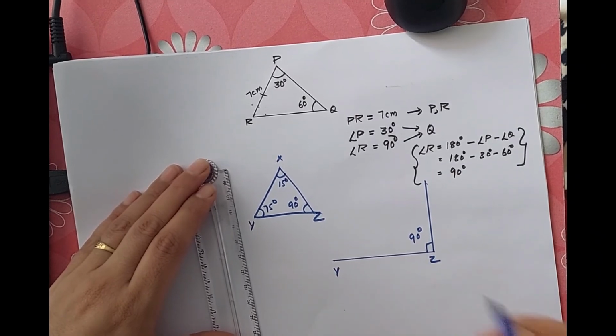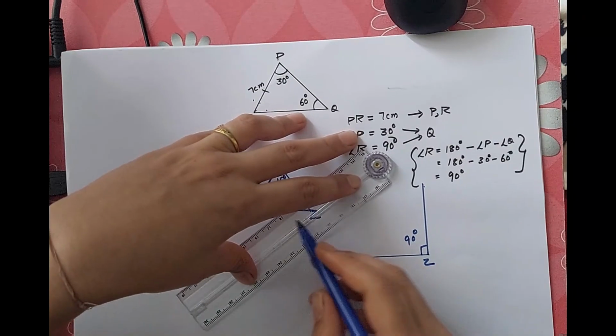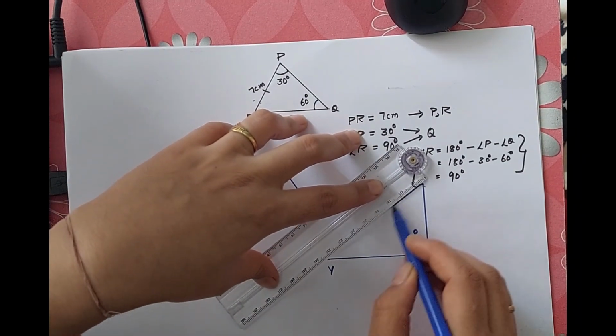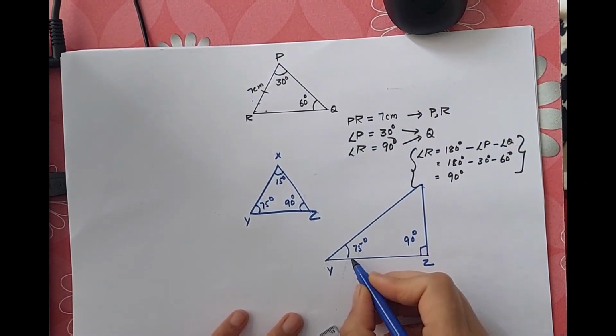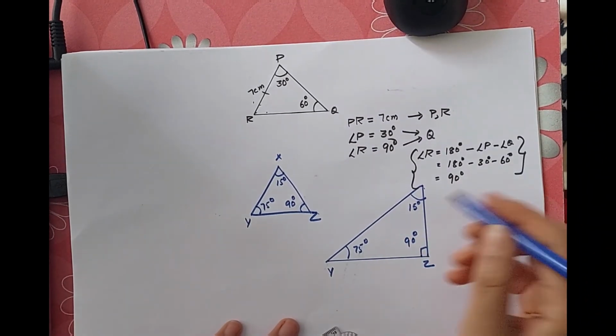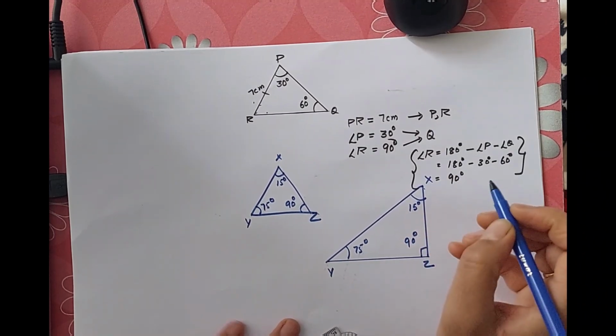This is Y, this is Z. And I have to draw 75 degree, and when you construct 75 degree with compass, it would be somewhat like this. So now this is 90, this is 75, it will automatically come to 15 degrees, because the sum is 180 degree. So this is how we can do it.